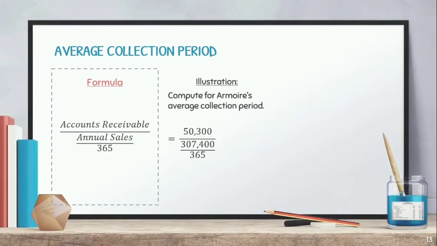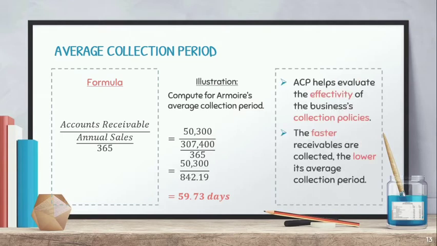So, computing, 307,400 divided by 365, unya ang atong 50,300 divided by kaning 842.19. So we have 59.73 days. So it takes us 59.73 days to collect our receivables.